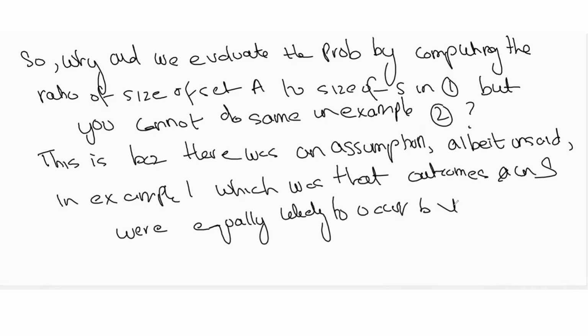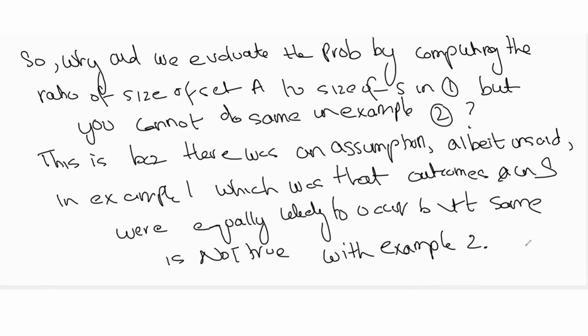But the same is not true with example 2. So you can only find the probability as number of favorable outcomes by total possible outcomes when your sample space has equally likely outcomes. So that's the key thing to remember from here.